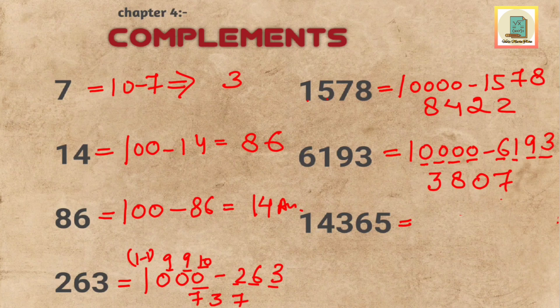Now let's take the complement of 14,365. The next primary base to 14,365 is 1 lakh. So 1 lakh minus 14,365. Here also we will use the all from 9, last from 10 method for subtraction.